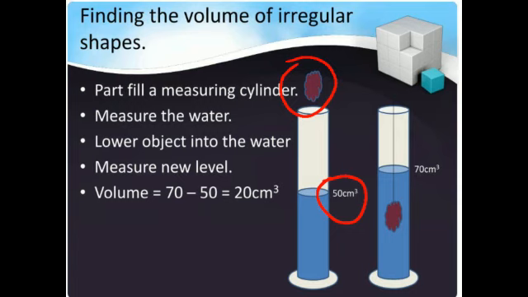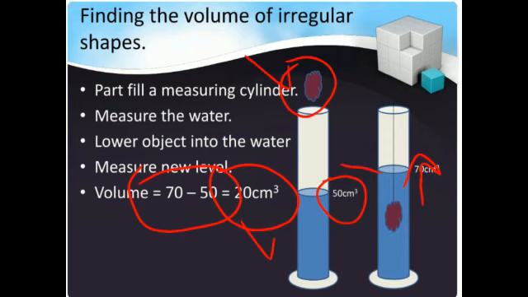As it goes down, the water level rises. Now we read the new level of water, the rising level. When we subtract the initial level of water from the final level, we get the difference of volume, and this volume must be occupied by this irregular shape.